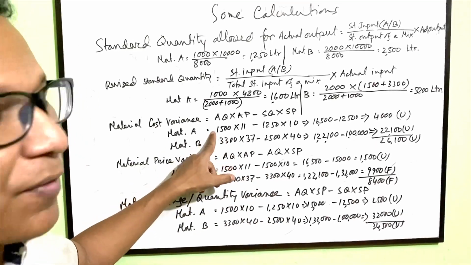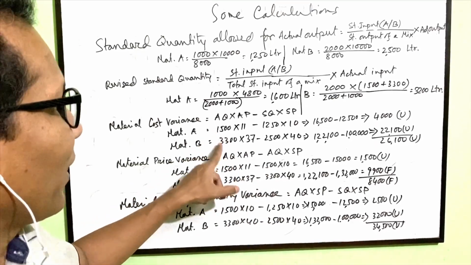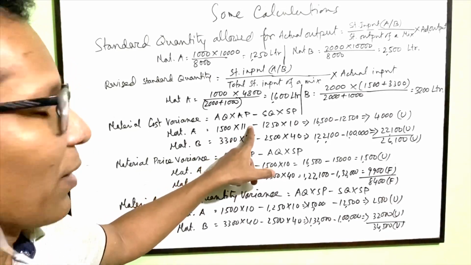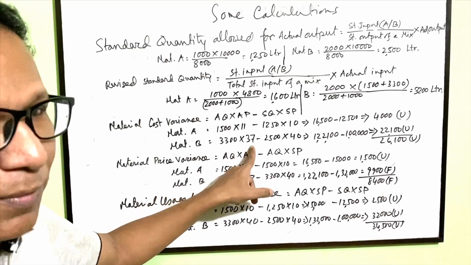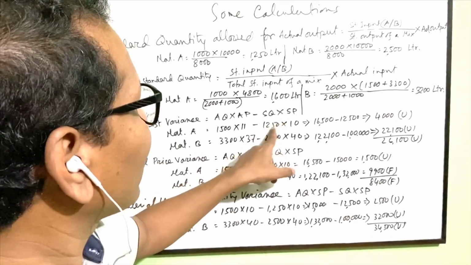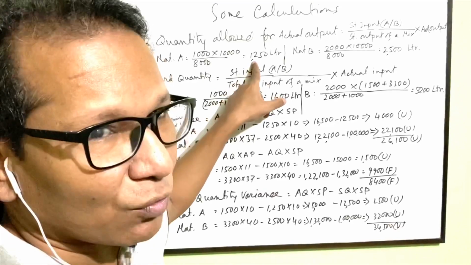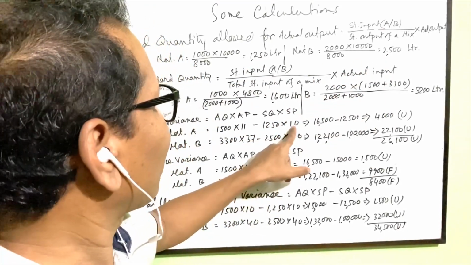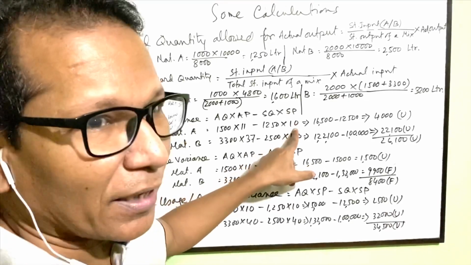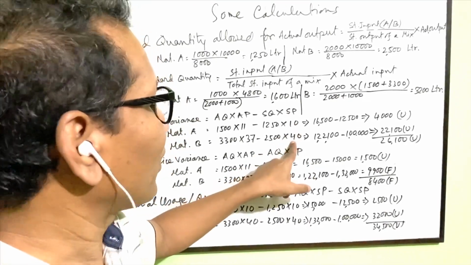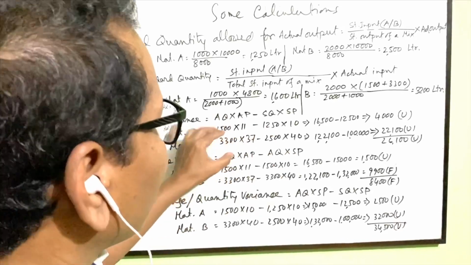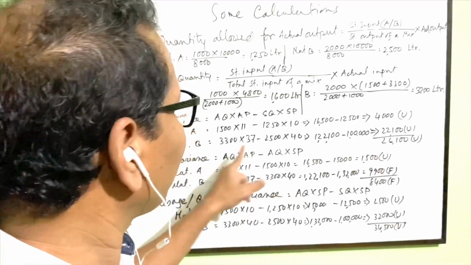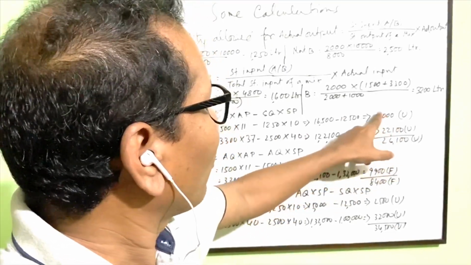Here actual quantity 1500 for A and for B 3300, actual price was 11 for A and 37 for B. Standard quantity we calculated 1250 for A and for B 2500, and standard price was 10 for A and 40 for B. We calculated material A variance 4000 and for material B 22,100.